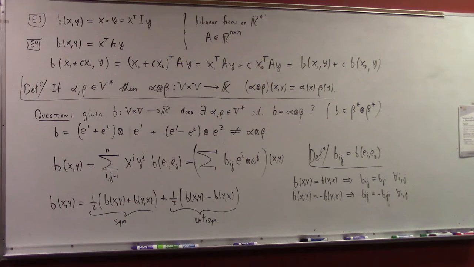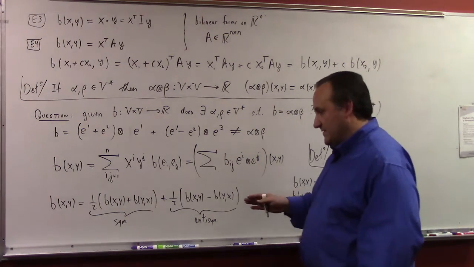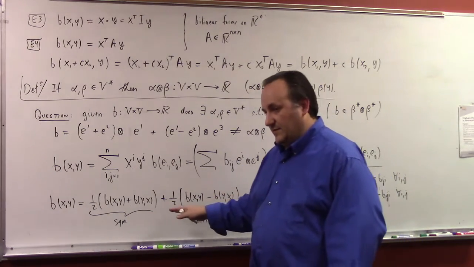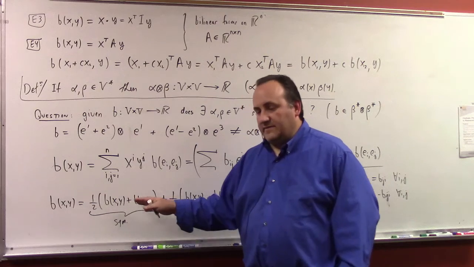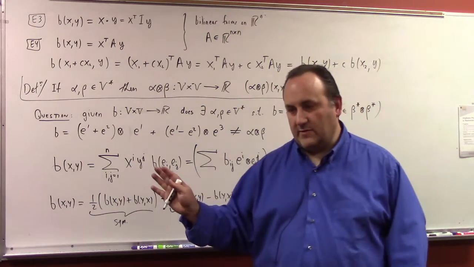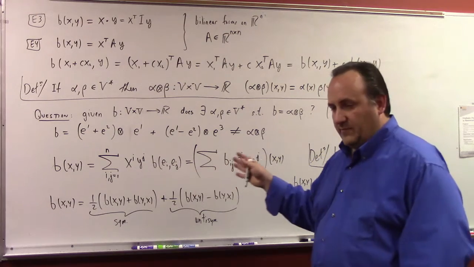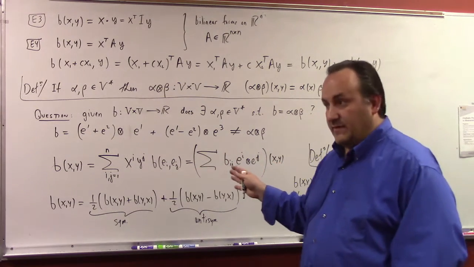As you go to higher rank tensors, like a trilinear map, or more generally a multilinear map, we can still look at completely symmetric or completely antisymmetric tensors, but it is no longer the case that a general tensor can be decomposed simply as the sum of a symmetric and an antisymmetric tensor. This is very special to bilinear maps. The story of how a tensor decomposes into irreducible, independent components, if you will, is the story of representation theory, which is beyond this course.